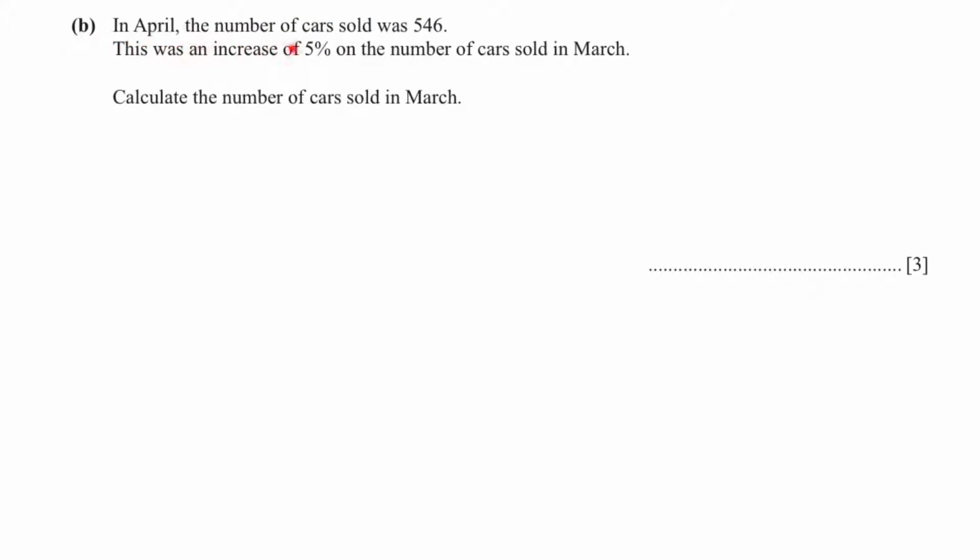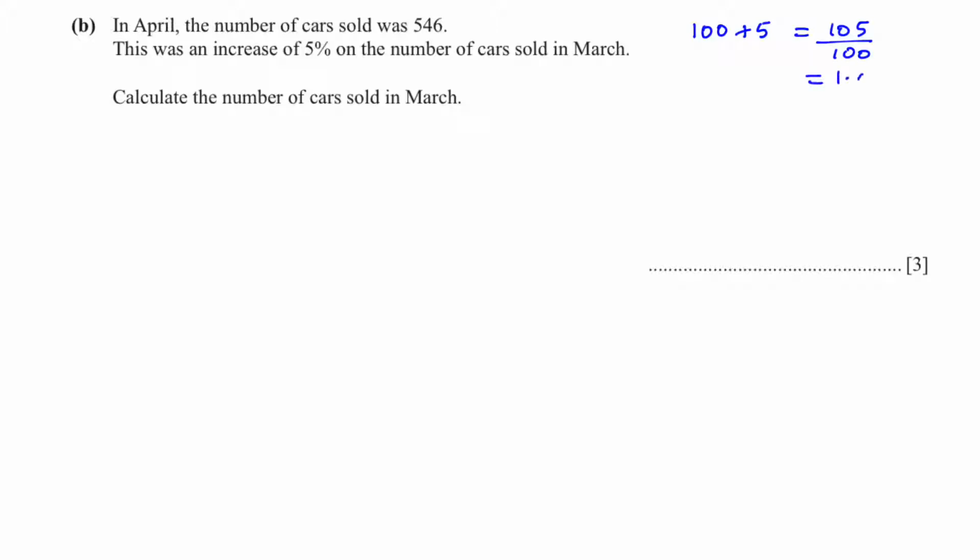1b, in April the number of cars sold was 546. This was an increase of 5% on the number of cars sold in March. Calculate the number of cars sold in March. Whenever you have an increase or decrease percentage question, on the side we are going to write 100. If it is an increase, add the amount you are increasing, here it is 5%, and divide by 100.